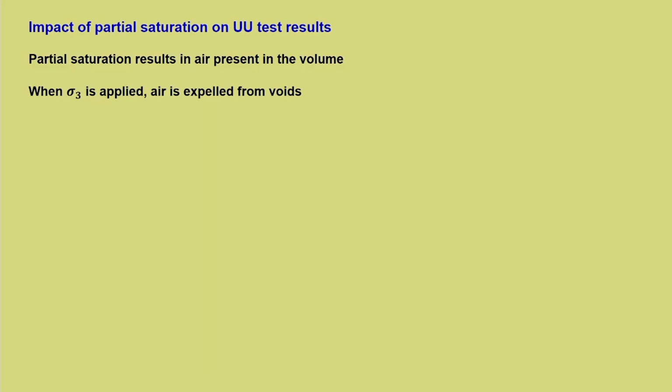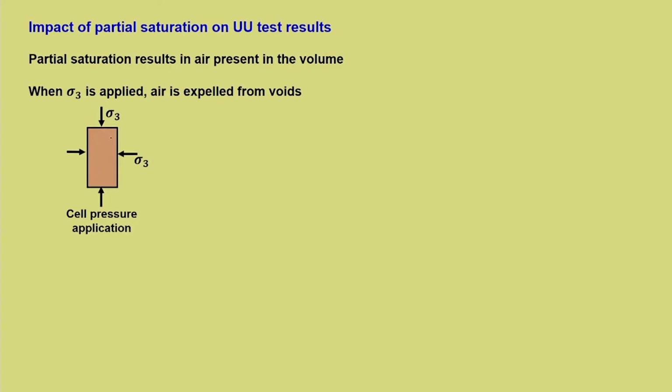So, for an expected undrained test, there is going to be a volume change. Now, this is against what we want, because for a truly undrained condition we expect that there is no volume change, but if there is presence of air, then volume change is bound to happen.